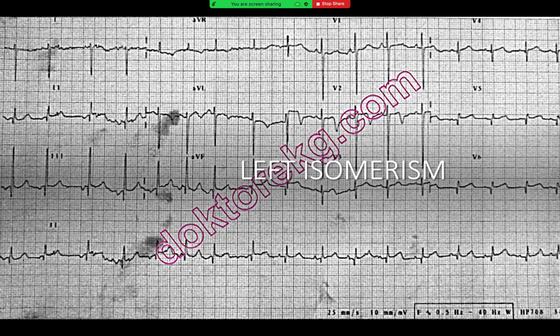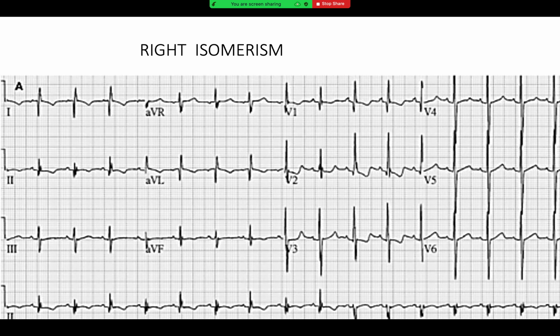Similarly, what about the right isomerism? What do we notice? So there is going to be bilateral sinus node. And actually, there can be two AV nodes, okay? So that's why the P wave axis is actually normal, I would say.